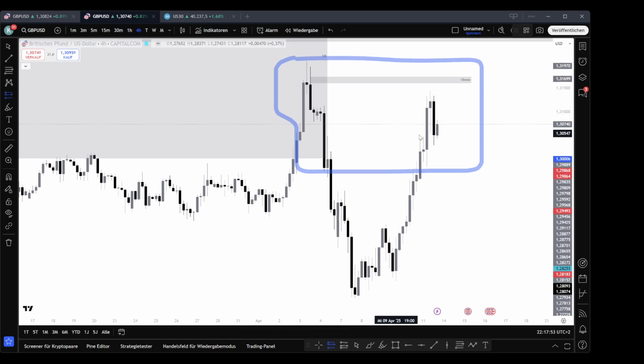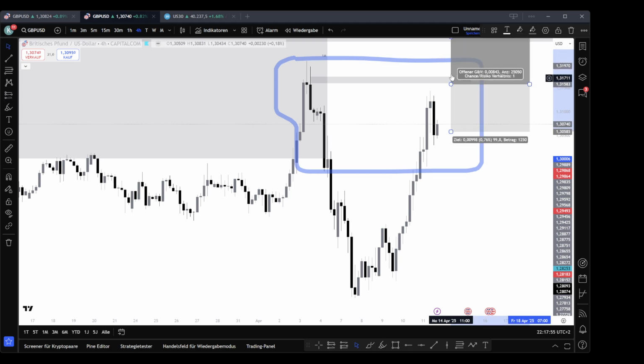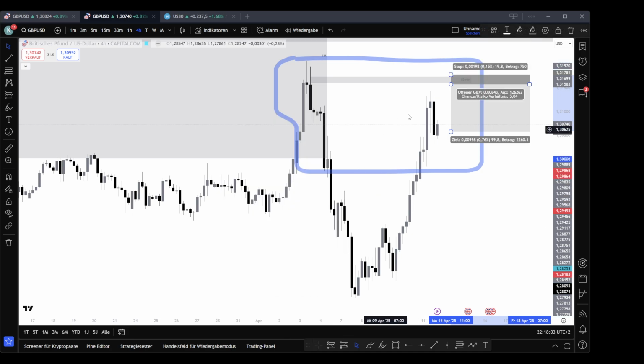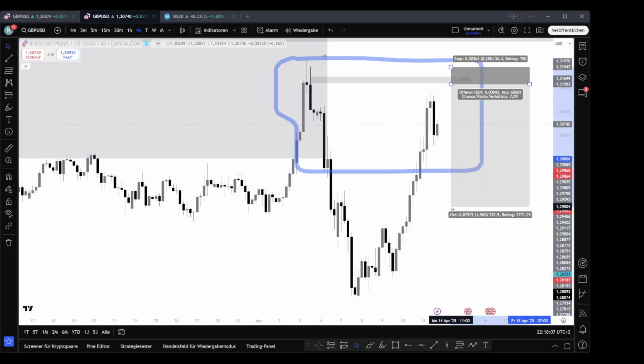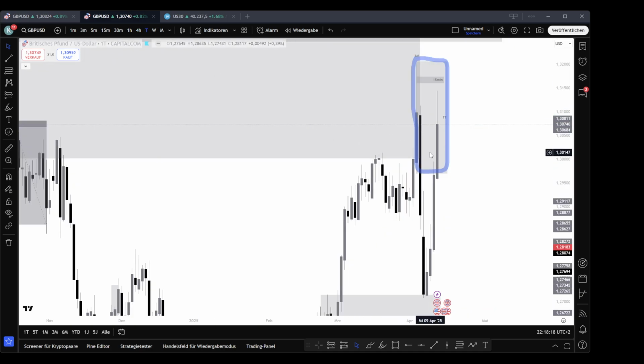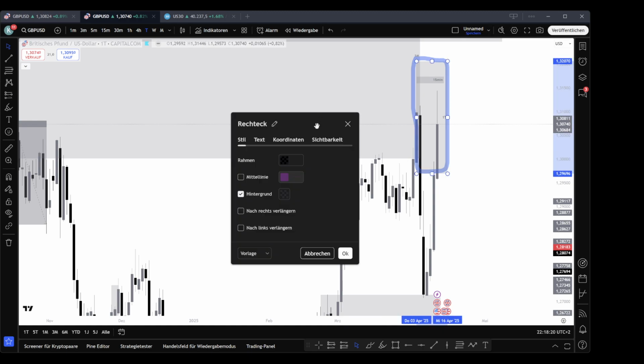So I'm expecting price to come around here for me to look for my first entry and to take the trade up to at least this level. I'm targeting a 1:7 risk-to-reward ratio trade.